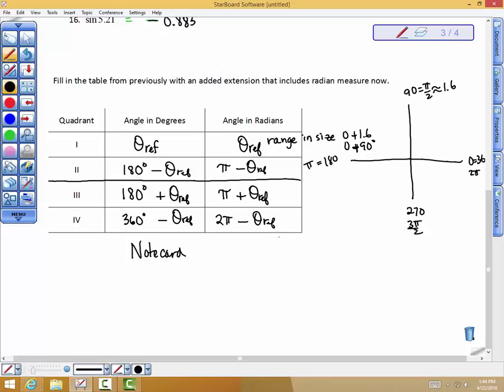I might show myself that if I'm going to convert from degrees to radians, so for example, 120 degrees, you would multiply by pi over 180. I'd put that on my note card. If I'm going to go radians to degrees, I would multiply by 180 over pi.